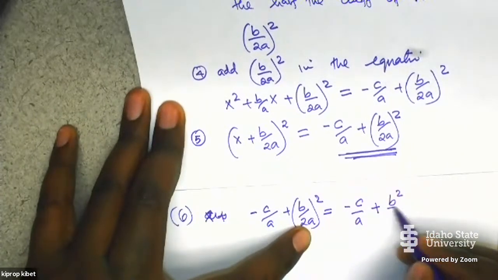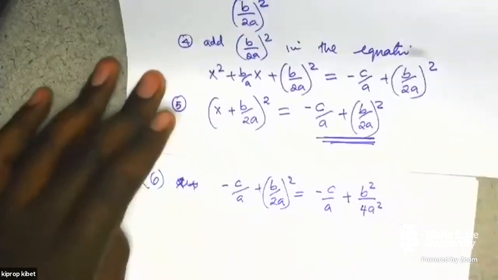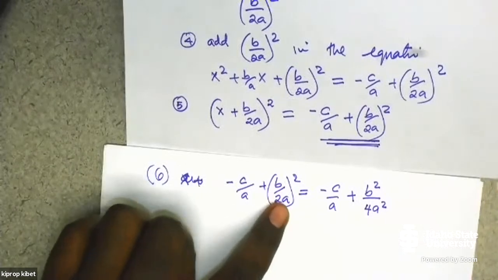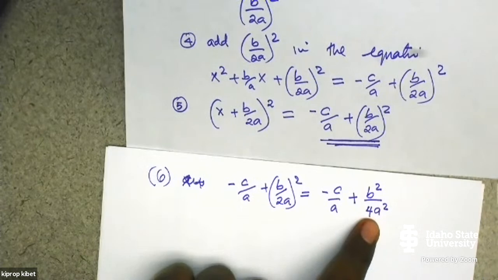When we square all of this, it becomes b squared over 4a squared.